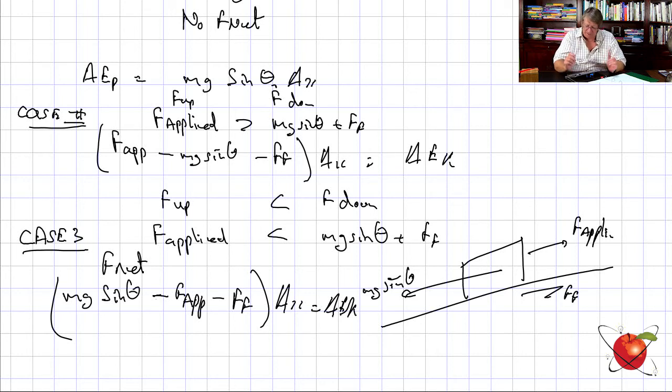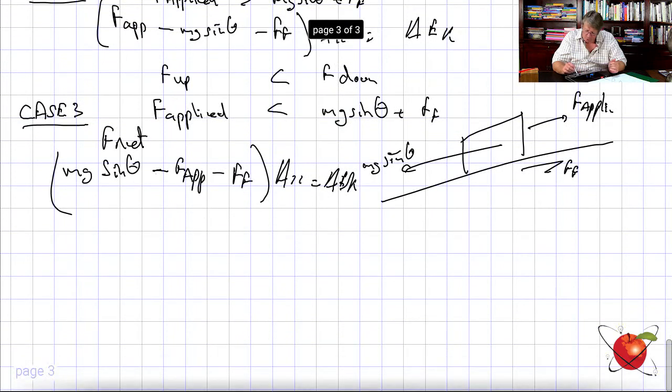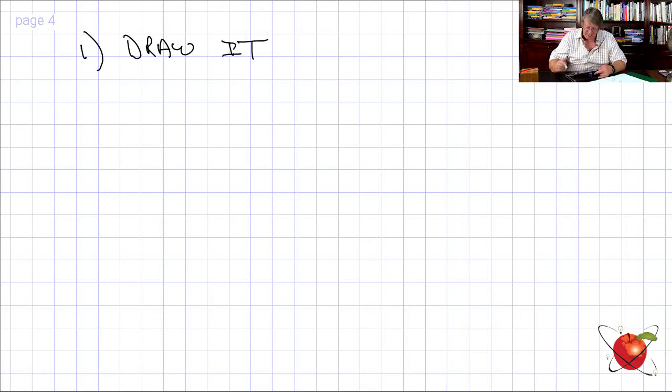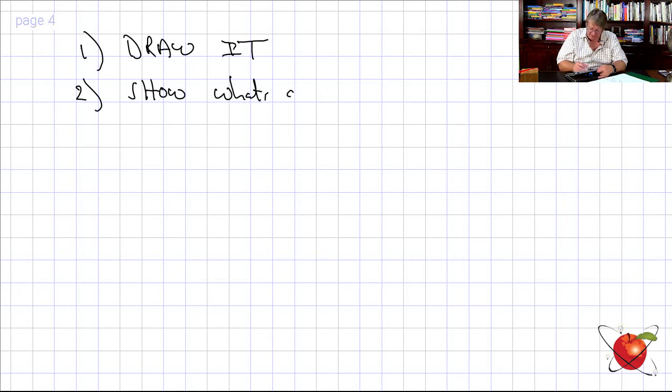So in all of these situations, what would our recipe be for this lot? Let's try and come up with one. The first step would be: draw it. Label what's given. Show what's given.